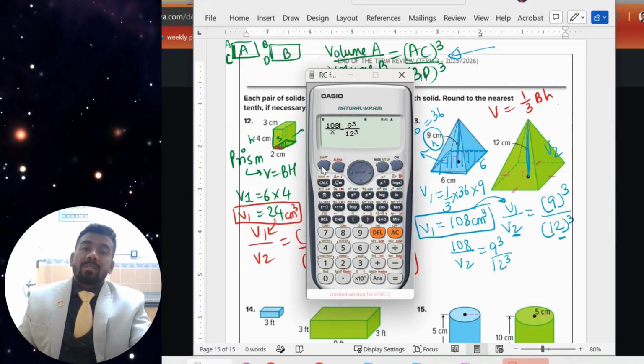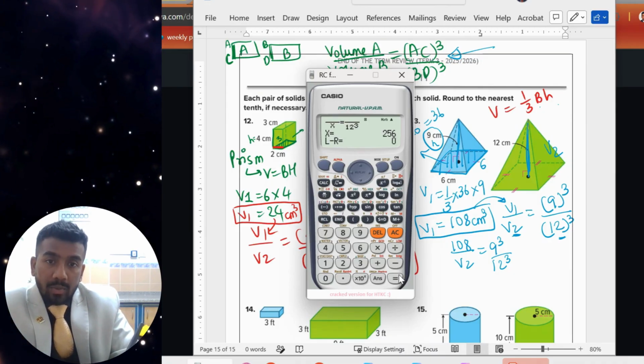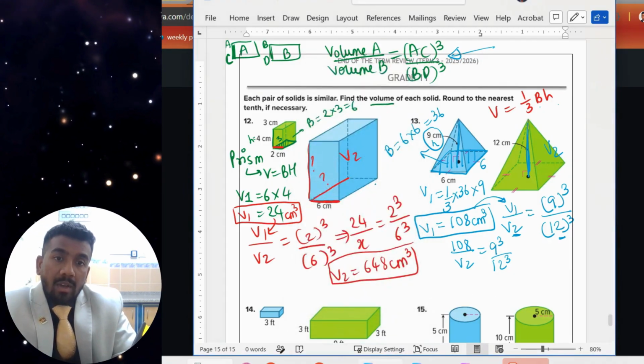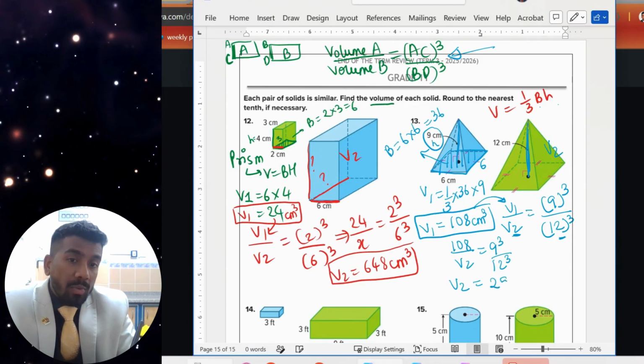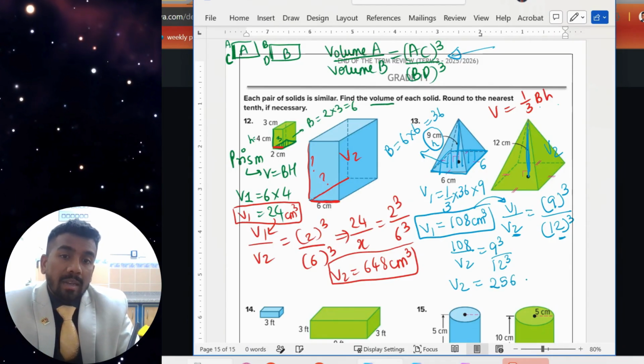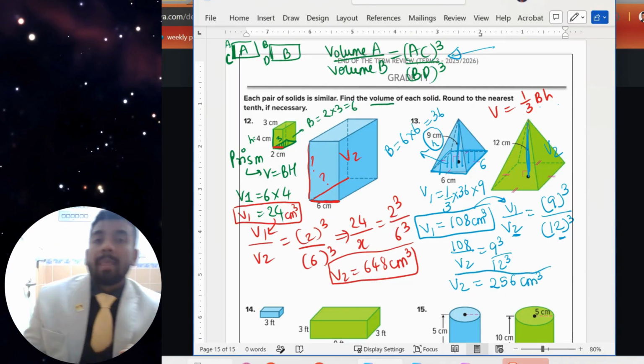That's it. Shift solve. What do you get? 256. That's the volume of the second figure. So what's V2? 256 cubic centimeter, as I told before, or you can also write centimeter cube, up to you.